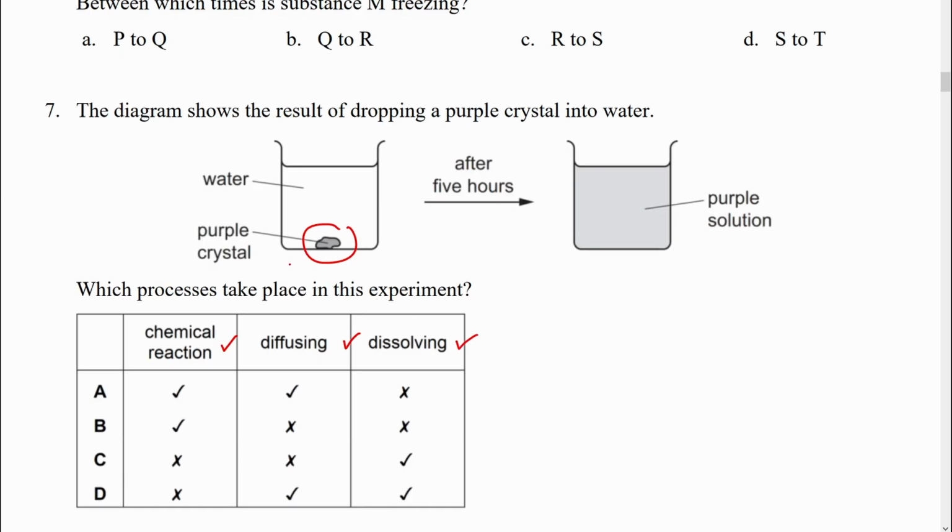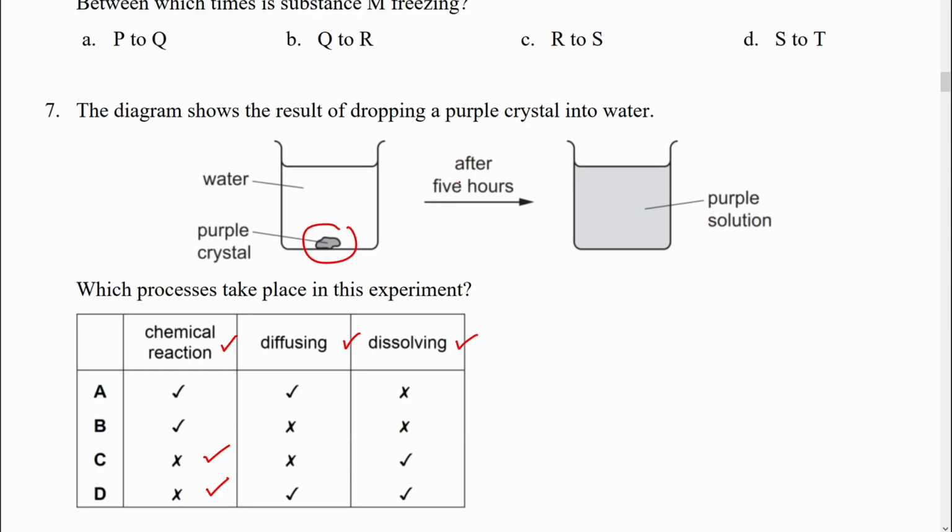First of all, remember that diffusion is not a chemical reaction, because in diffusion, the particles just move from an area of high concentration to an area of low concentration, spreading out until evenly distributed. What happens in a chemical reaction is that bonds are broken and new bonds are formed, creating new substances with different chemical properties, right? So there is no chemical reaction. So I'm going to lock my answer between C or D now.